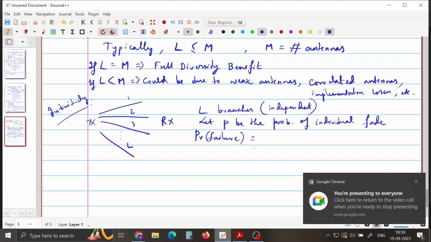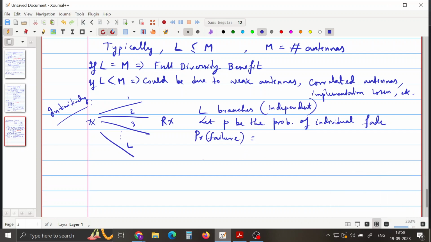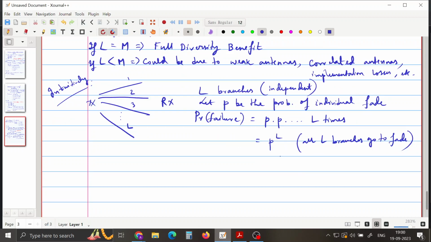So your probability of failure means that all of these L branches should go to fade, right? Since they are independent, that is p times p, and so on till L times, which is equal to p to the power L. All the L branches go to fade, that will be the failure scenario.